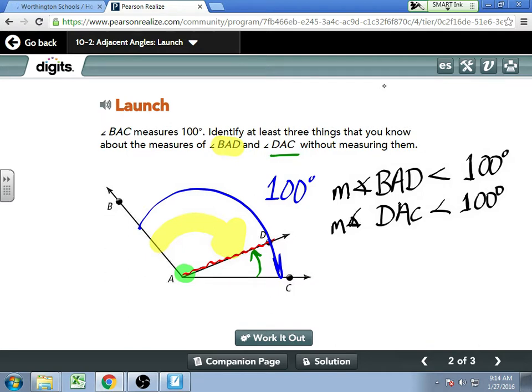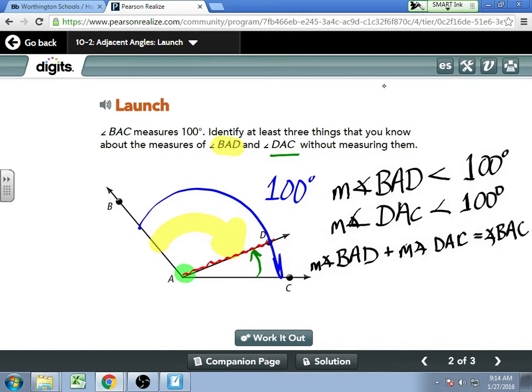We could also say that angle BAD plus angle DAC equals angle BAC.